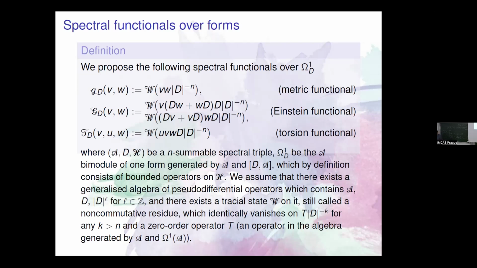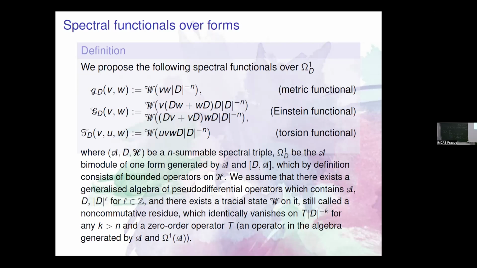Since a and b you identify as operators on a Hilbert space, the assumption is that the commutators are bounded. So this is a subspace of bounded operators. Actually, it will be a bimodule, of course, over the algebra A. So these are differential forms. So imagine you have this space of differential forms. So we take 2 differential forms, and you create the following functionals.